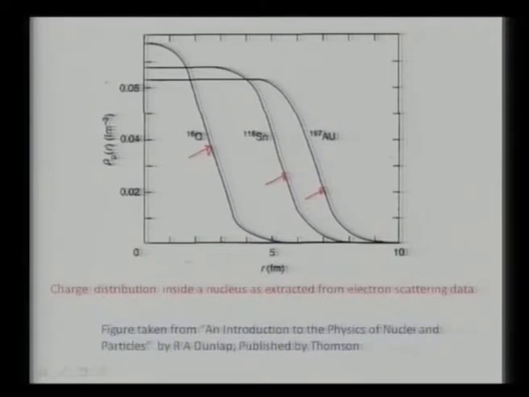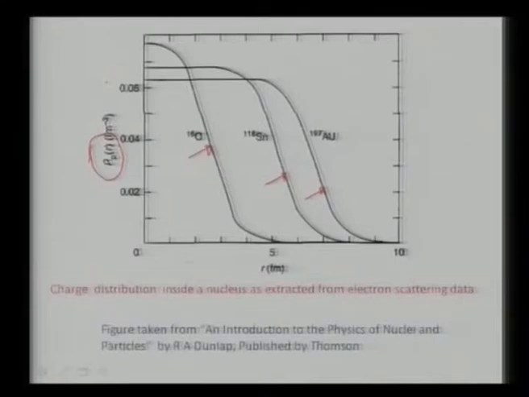And what you see is that on the y axis you have charge density rho p of r. This p is for proton. So, it is looking at the proton distribution, number of protons you can say per unit volume, and the volume here is Fm minus 3, Fermi meter inverse cube.